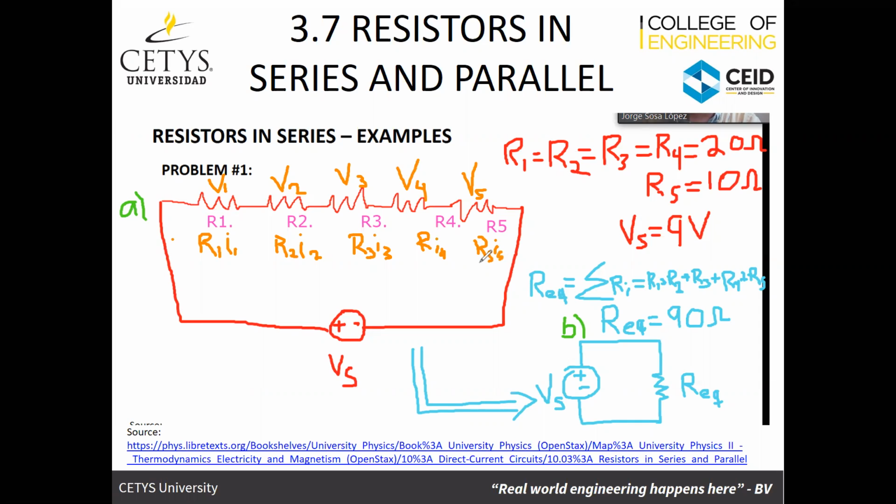Okay. Now, we already established that the currents are the same. I1, I2, I3, I4 and I5 are the same current I that we established, that's 0.1 amps. So in the case of R1, R2, R3, and R4, all of them are 20 ohms.